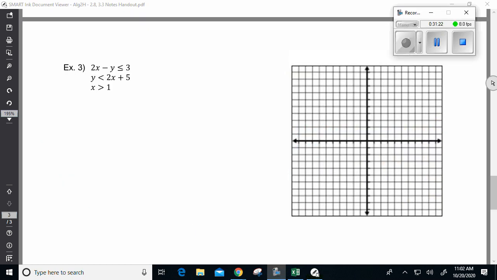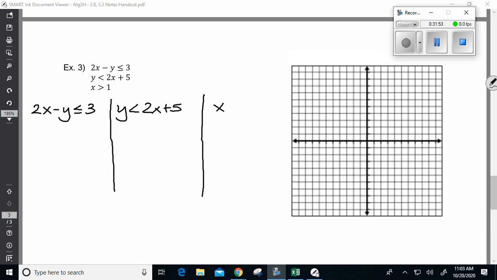So, we did 1. We did 2. Now we'll do 3. The same rules apply. We're still looking for the part that gets overlapped. You just now have 3 inequalities to deal with. 5 less than 2x plus 5.